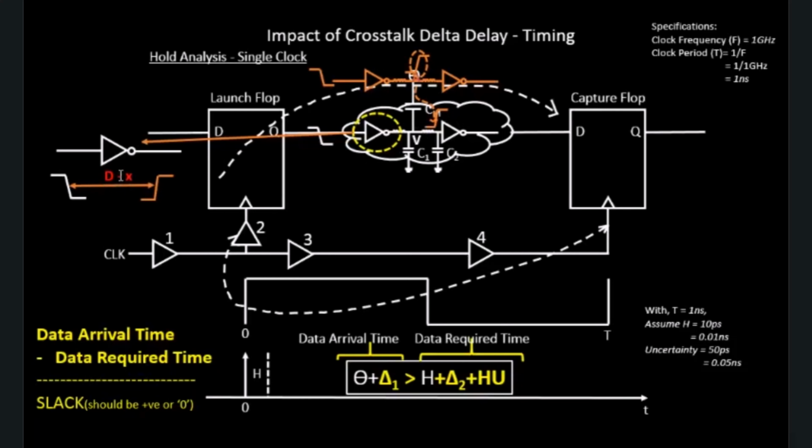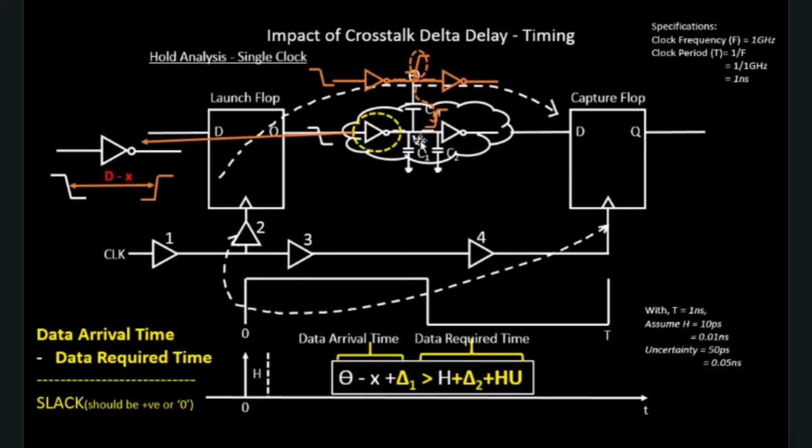So this amount of delay gets deducted from the equation, and your equation becomes theta minus X. From the complete left hand side, theta plus delta 2, you're removing some amount of delay.